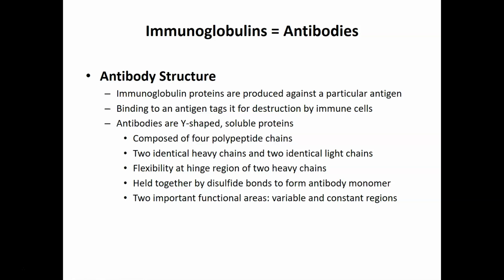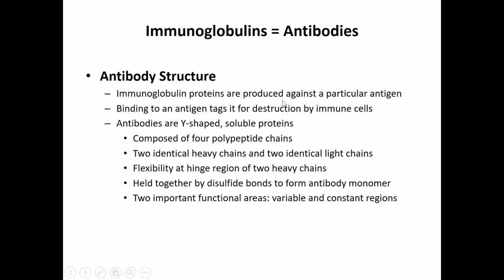So the antibodies have binding sites for that specific antigen. When an antibody is produced, it's able to bind to the specific foreign antigen, and it tags it for destruction by other parts of the immune system. And we'll talk about that in a bit.